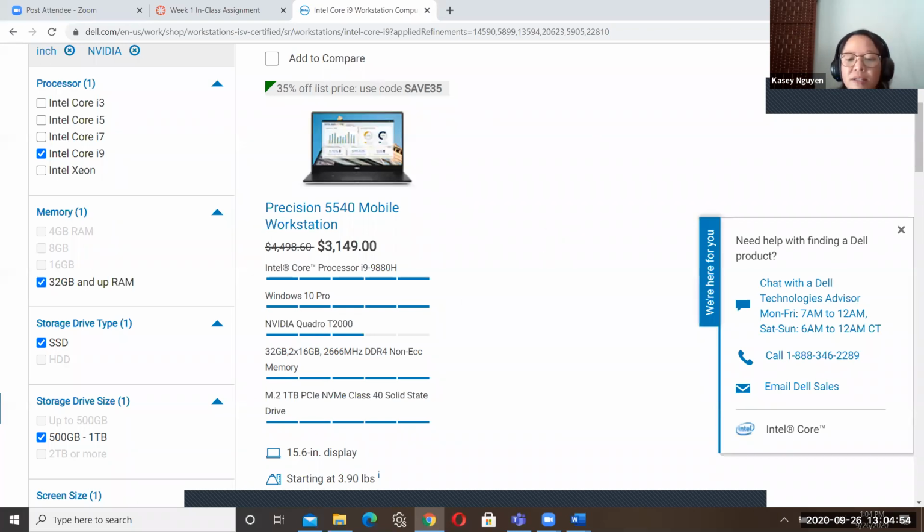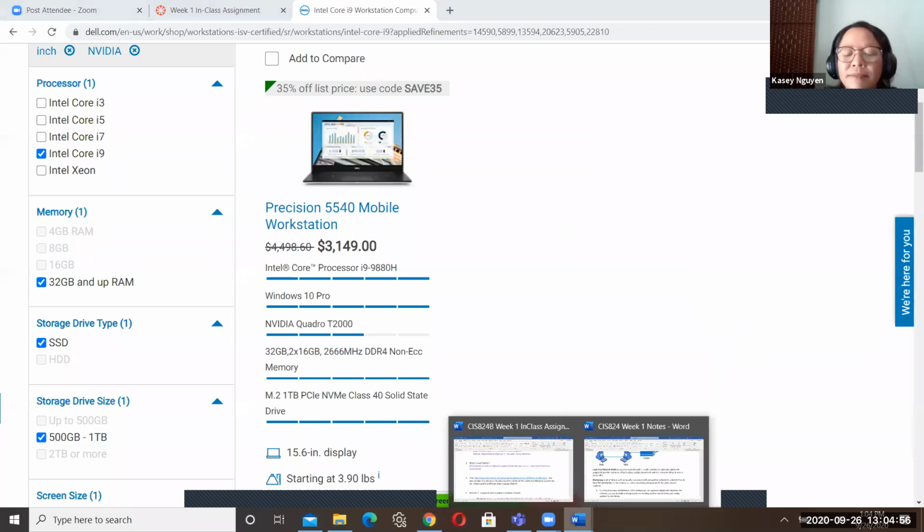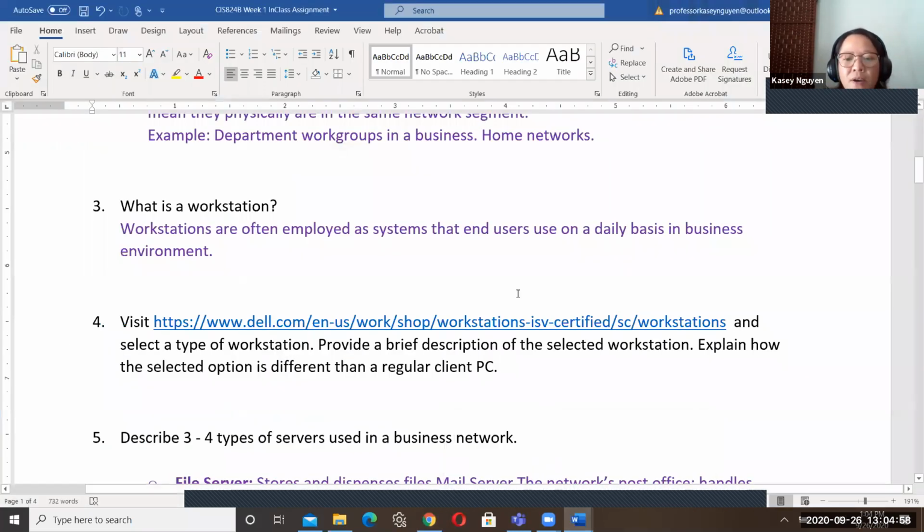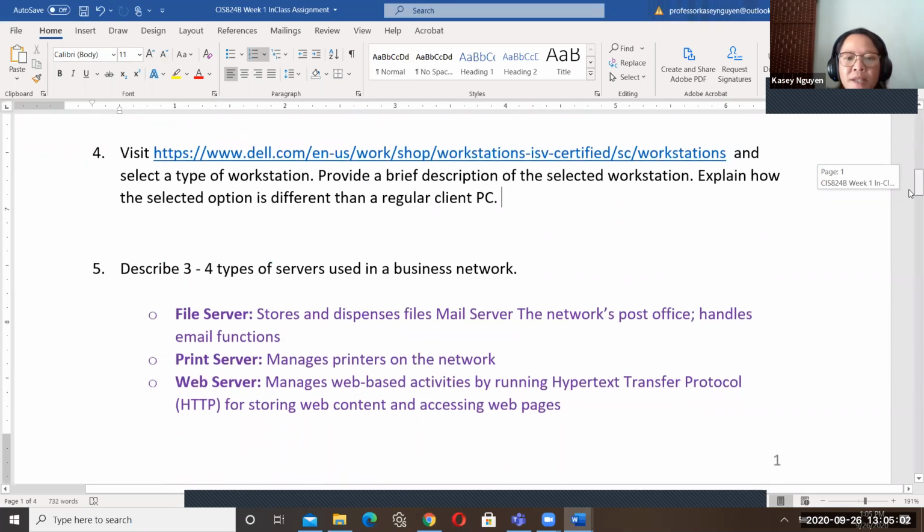Any question? Okay, so pick a system. Tell me how that system is different than your regular computer. And you don't have to pick a laptop. You can pick a regular workstation. Any question?